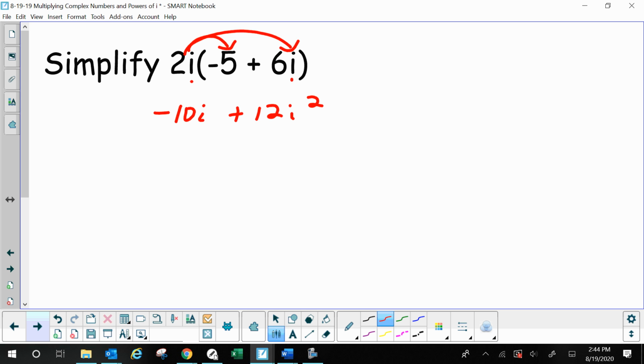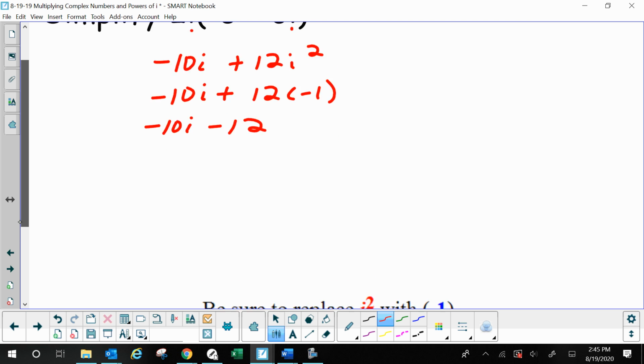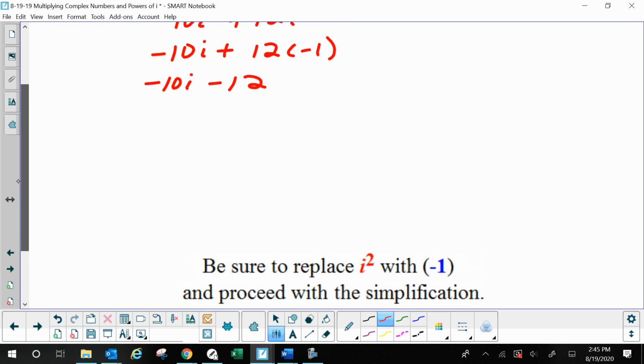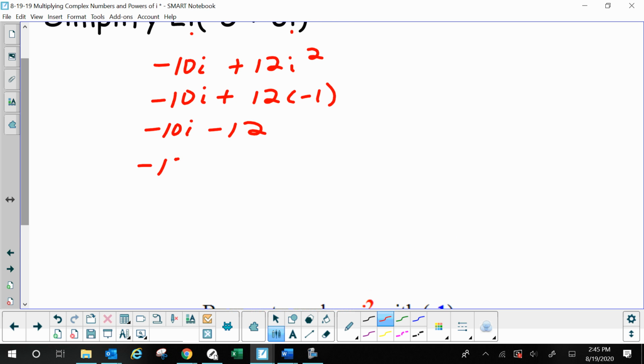And you replace the i squared with what? Negative 1. So that's going to be negative 10i minus 12. But in order to be in the correct form, remember, it has to be in the form a plus bi. So we're just going to say that's negative 12 minus 10i.